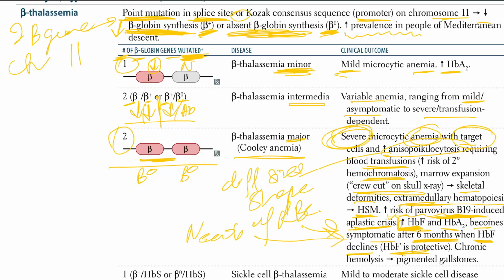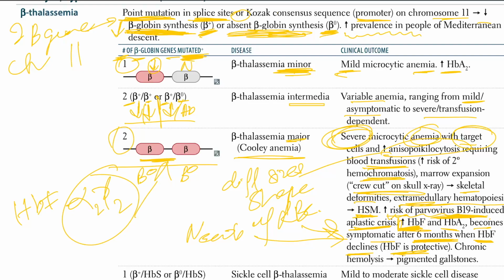What was HbF made of? Can you guys tell? Yeah, it was made of alpha and gamma. So HbF is alpha 2 and gamma 2. They don't need the betas, right?